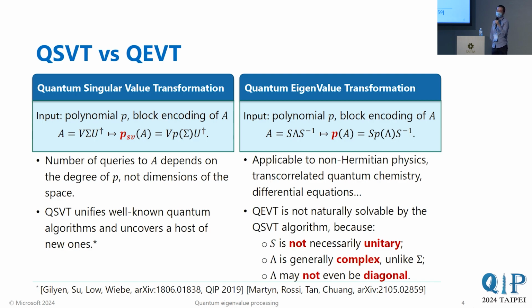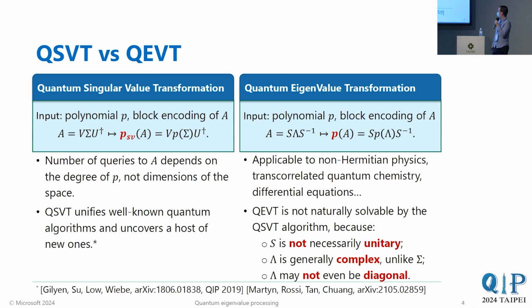But as you might see, singular values and eigenvalues are two different things. First of all, the basis transformation matrices are not necessarily unitary, so they are generally invertible transformations. Secondly, the middle factor, the eigenvalues, are generally complex numbers, unlike singular values, which are real and non-negative.